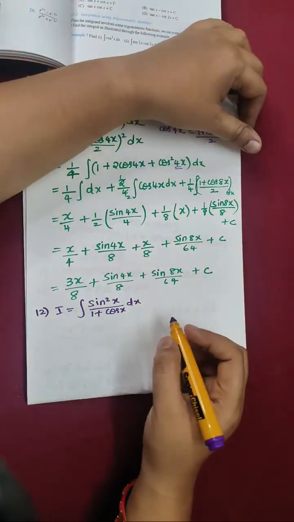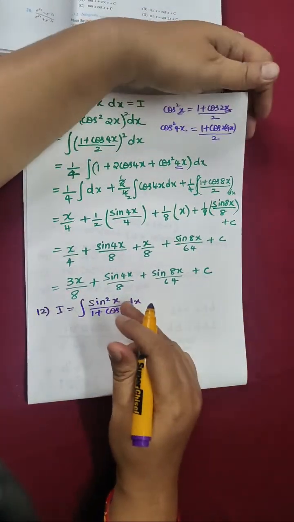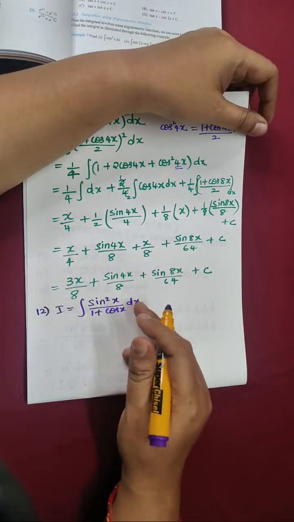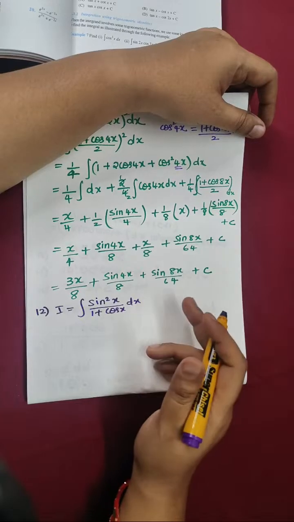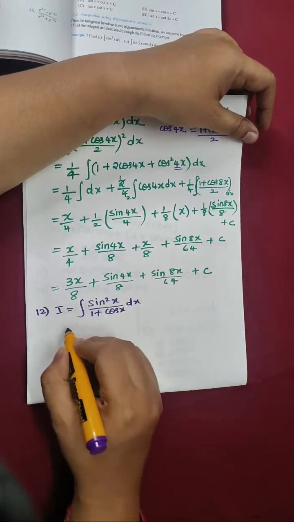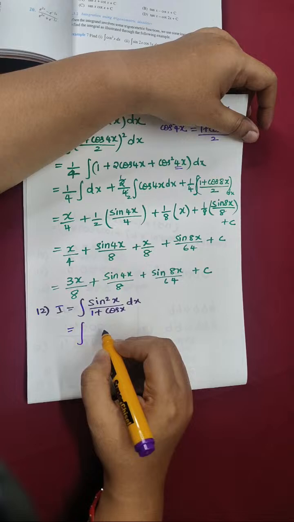There are two ways to do this question. Either you can replace sine square x as (1 minus cos 2x) by 2, you can use that, or directly replace the trigonometric identity.